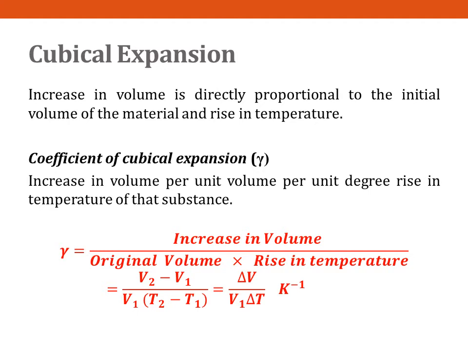The rise in temperature is given by T2 minus T1, where T1 is the temperature before thermal expansion and T2 is the temperature after thermal expansion. We have delta V, which is the increase in volume, and the rise in temperature is denoted by delta T. Therefore, gamma is equal to delta V by delta T into V1, with the units Kelvin inverse or per degree centigrade.